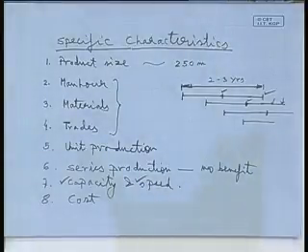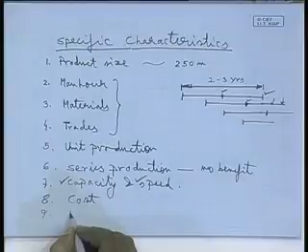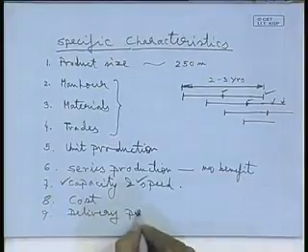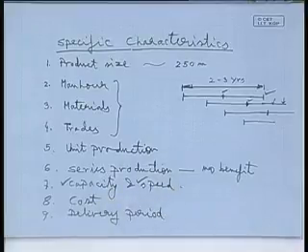The cost is huge. You should be able to predict the cost of the product and the delivery period. You should be able to foresee that, well, within this period I will be able to deliver it, the cost incurred will be so much, and the speed delivered will be as the customer wants.